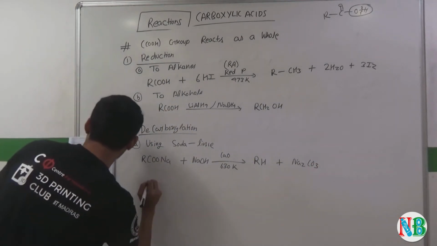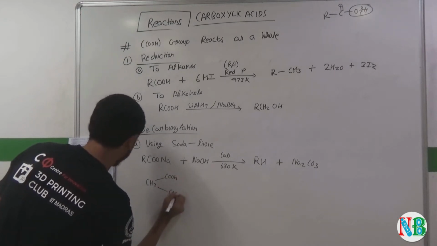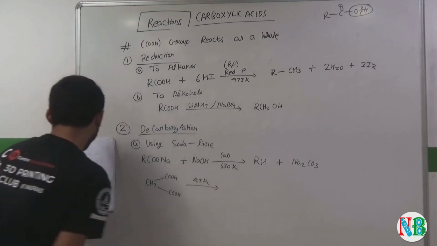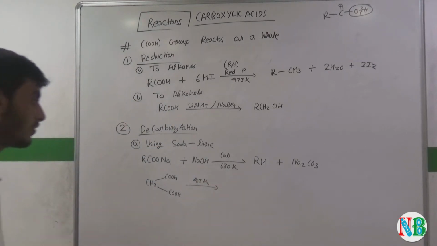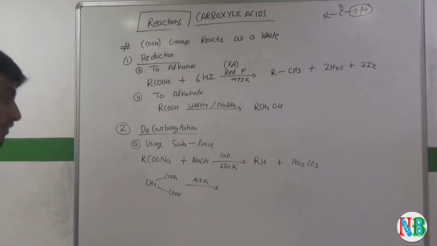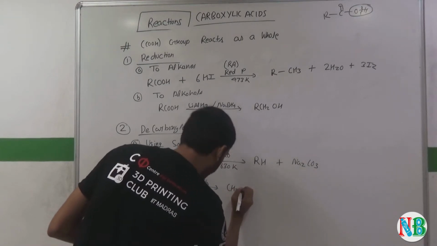Suppose I take an example under this section, CH2(COOH)2 at a temperature of 415K. If I have two COOH groups, one of them will be eliminated to form ethanoic acid.